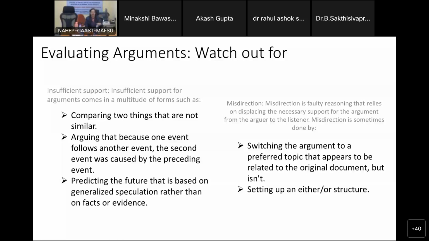And insufficient support, in terms of two things that are not similar, that you're arguing because one event follows the other event. So the supporting basis, the data, the information is not really holding its ground strongly.